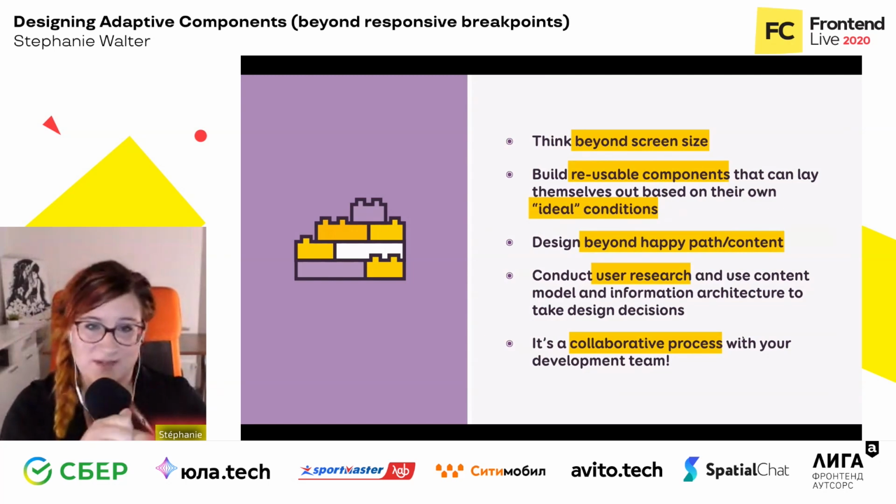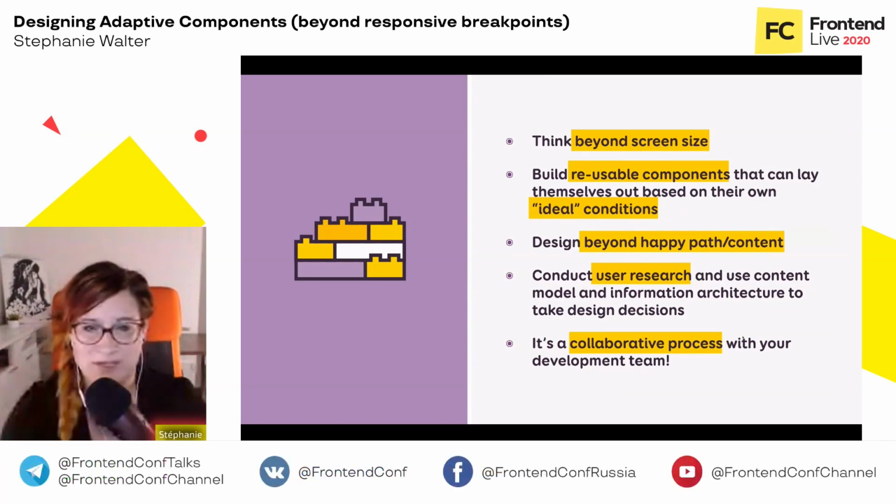As designers, it's super important because we need to get out of Sketch, Figma, or Adobe XD, whatever design tool you're using, and get this content out in the browser to see what it really, really looks like and what we need to adapt. Connect user research and use content model information architecture to take this kind of design decisions.